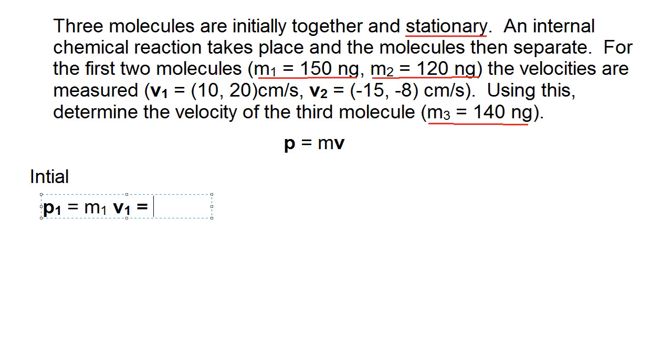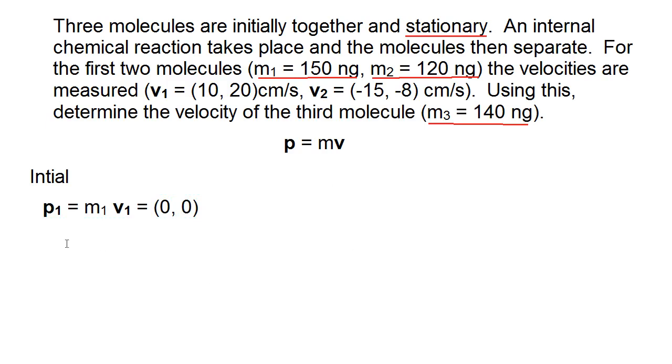Now, in the initial case, we're told that nothing is moving. If nothing is moving, my velocity is 0. And what that means is my momentum is 0. And it's 0 in all directions. So if you want to be complete, you can put 0 into Cartesian form by having it just be 0 in both the x and y coordinates. It's up to you what you do.